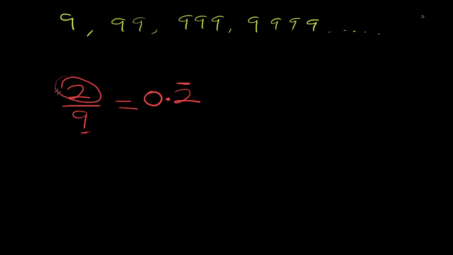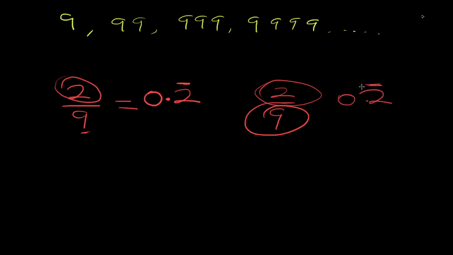The numerator is going to repeat itself, okay? This becomes 0.2 repeating. I'm just going to rewrite this here for you to see. So the numerator is 2, the denominator is 1. 2 is being divided by 9. And what we're saying is that we're going to have a decimal with the numerator repeating itself.